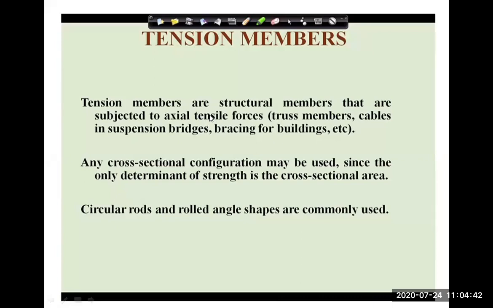You have learned in applied mechanics, engineering mechanics, while analyzing a truss, the force away from the joint is nothing but tensile force.